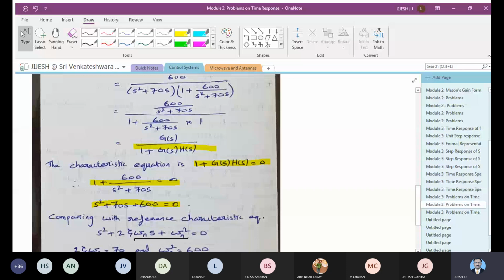So you'll get 2 zeta omega n is equal to 70. When you compare it, you'll get 2 zeta omega n as 70 and omega n square will be 600.